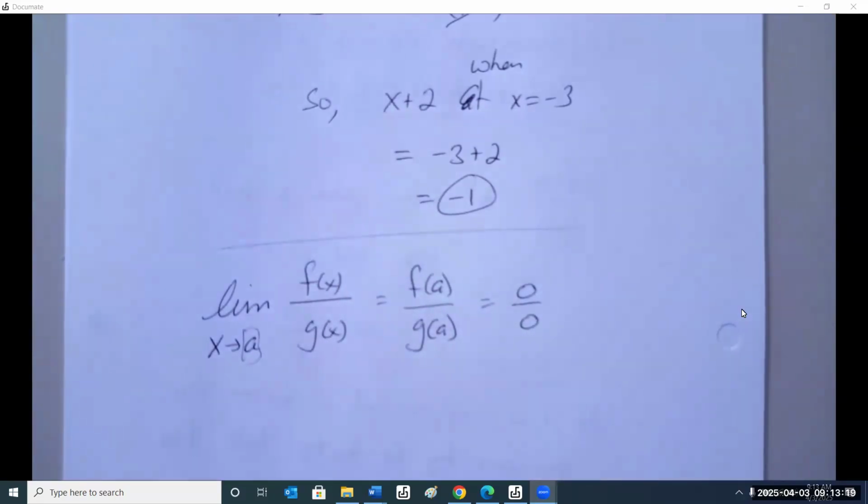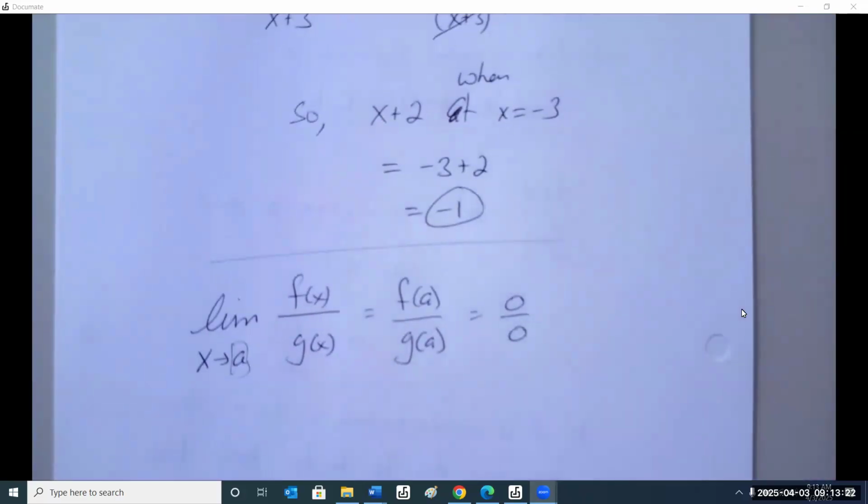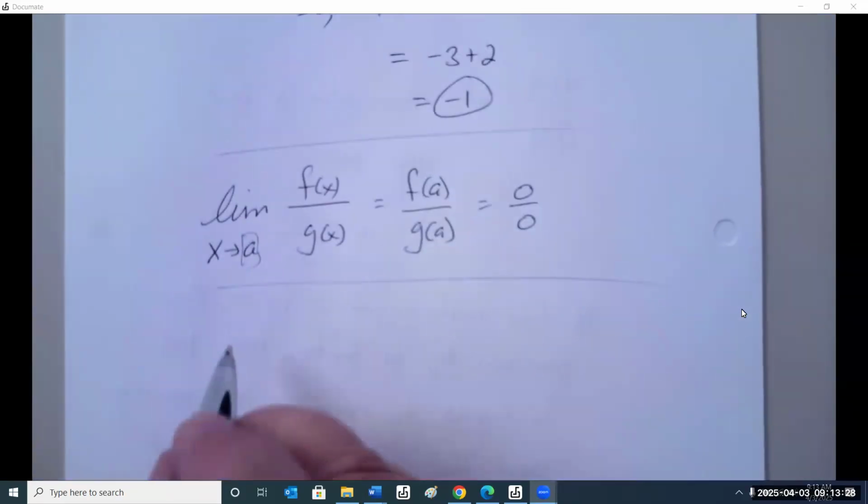So if we get rid of that part, we come up with a solution. But what if we had an equation like this?